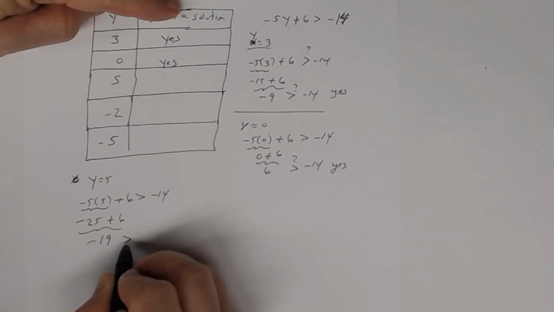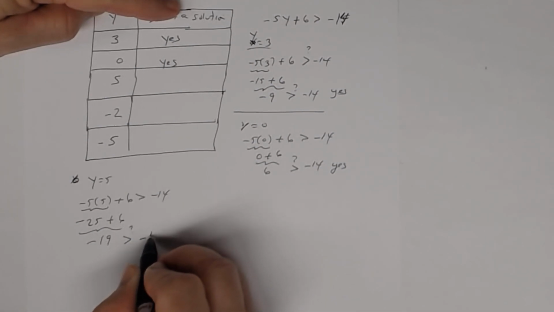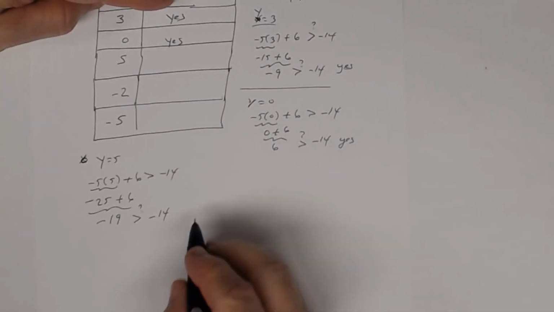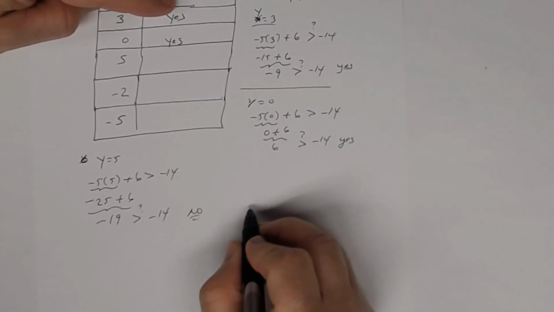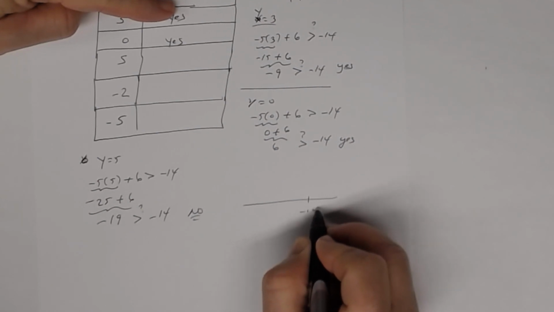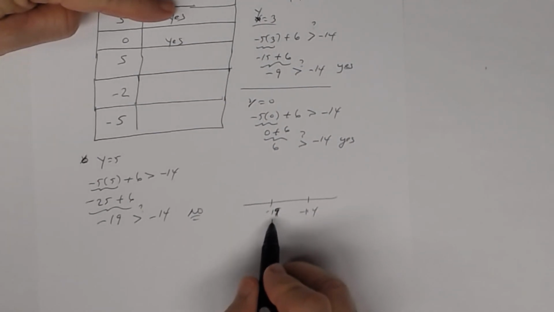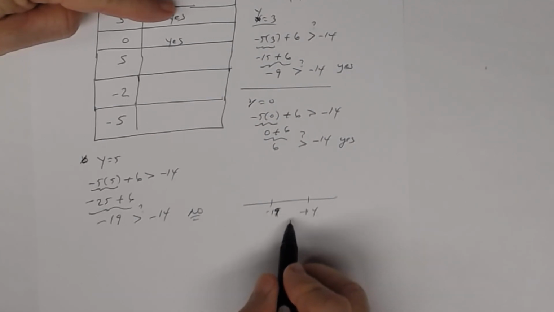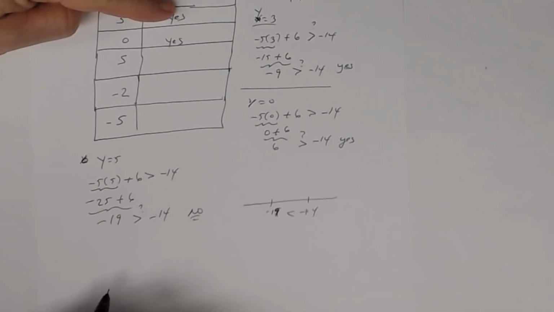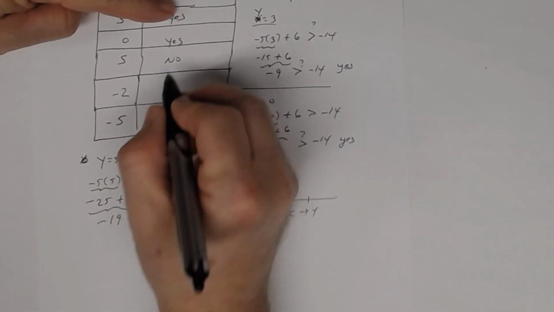So is -19 greater than -14? And the answer is no. Because remember on the number line, here's -14, here's -19, right? So -19 is not greater than -14. -19 is less than -14. So the answer is no there.